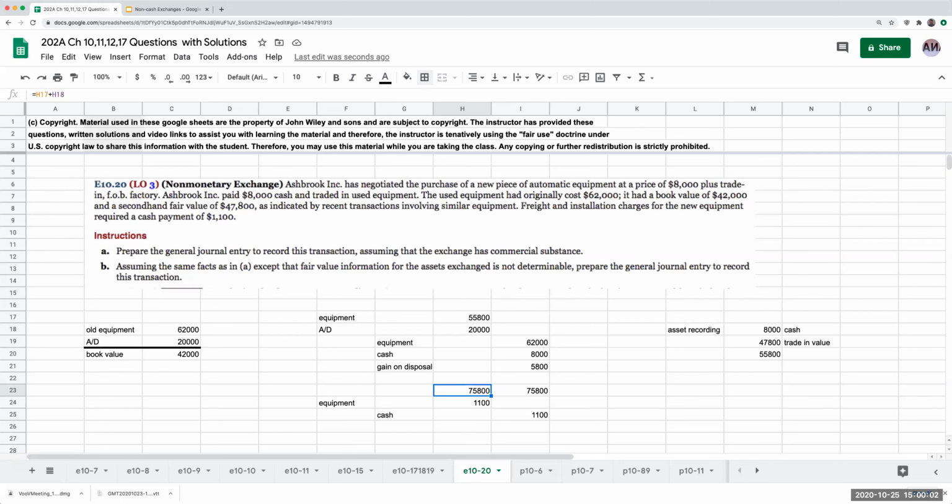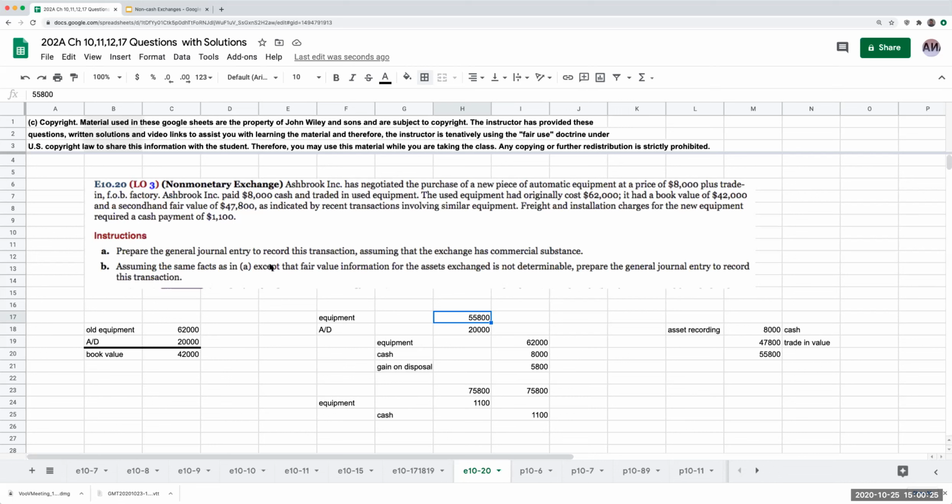The book did it a little bit differently. They combined this with up here. I'm just reporting them separately, but we're getting essentially to the same value.